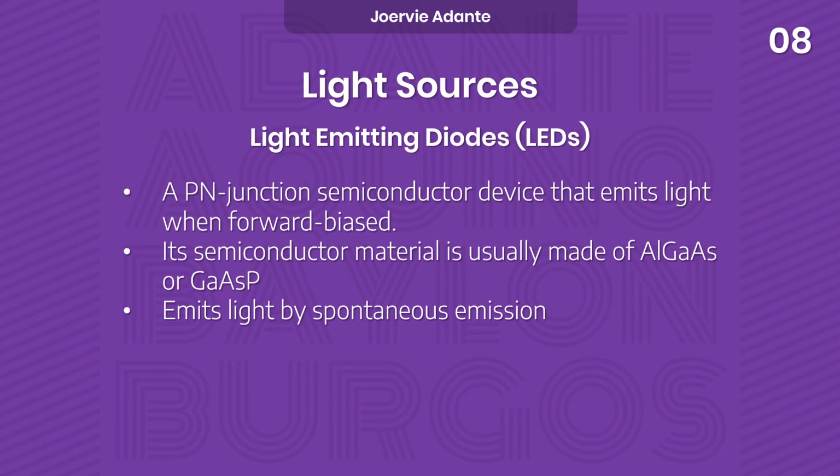Its semiconductor material is usually made of aluminum gallium arsenide or gallium arsenide phosphide. It emits light by spontaneous emission, wherein light is emitted as a result of recombination of electrons and holes.